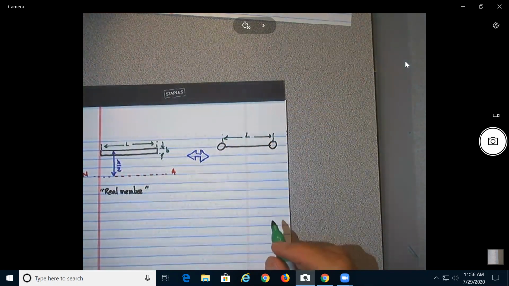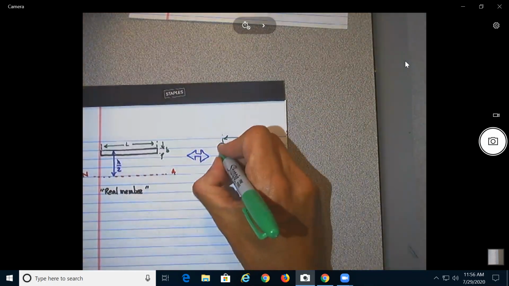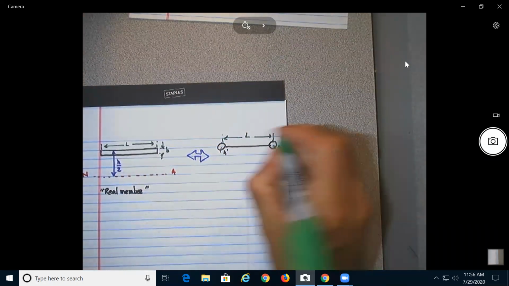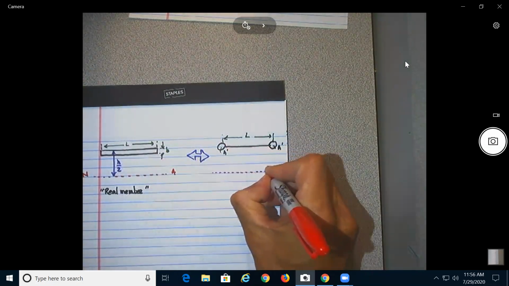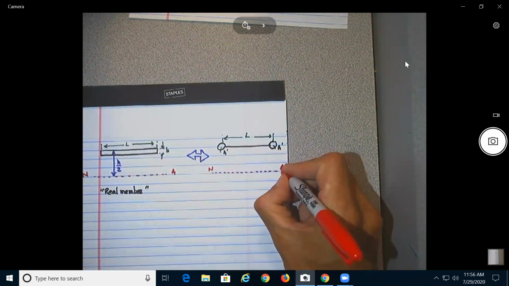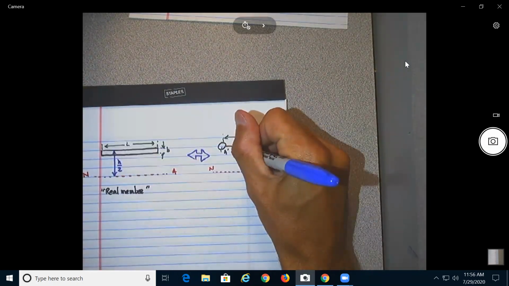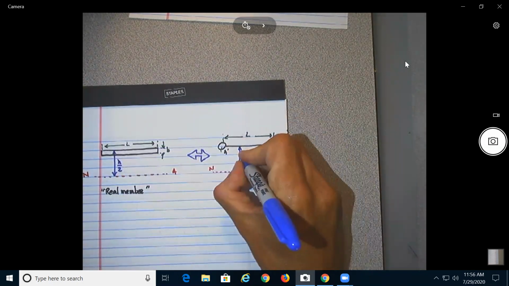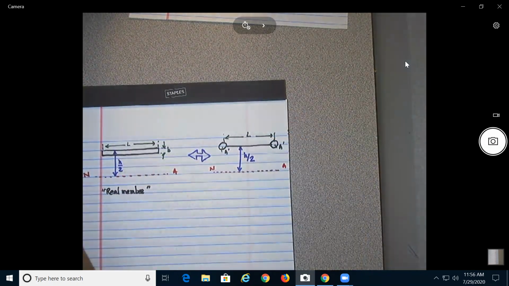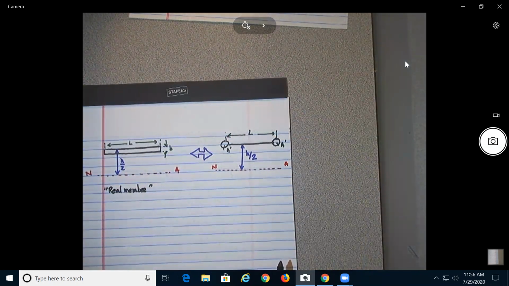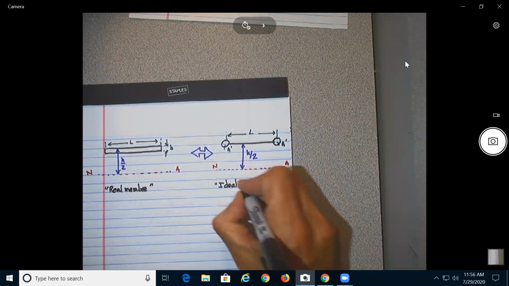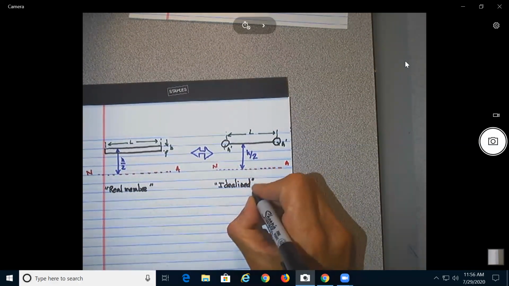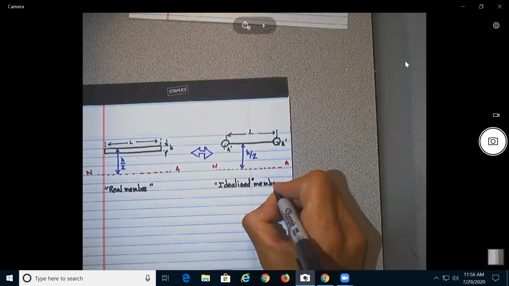And this one, using the same notation as before, this will be A prime. And again, this will be at a distance h/2 from the neutral axis. So this will be our idealized member.